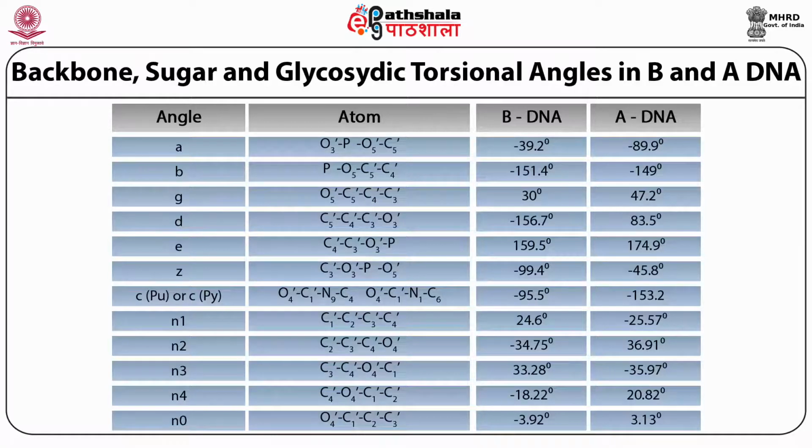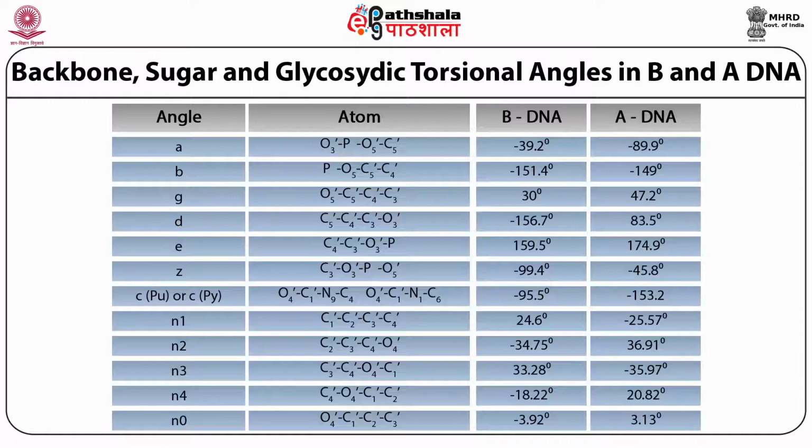For example, angle alpha is always around minus 40, minus 50, or we call it minus G conformation, whereas angle zeta is also minus G conformation, we can say minus 90s and so on. Beta is somewhere minus 150, gamma is always plus G, that is 30 plus and minus 30 degrees rather.